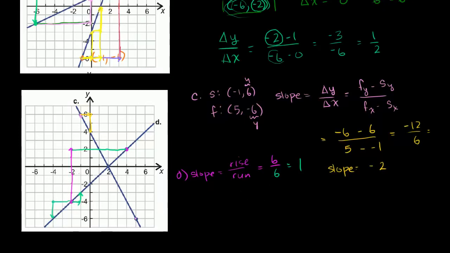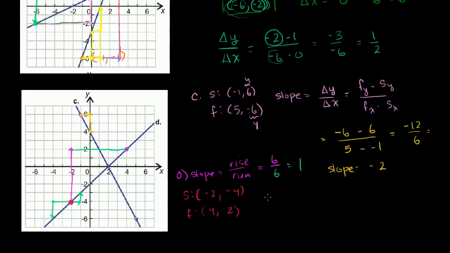If we wanted to do it mathematically, we could figure out this coordinate right there that we could view as our starting position. Our starting position is -2, -4. And our finishing position is 4, 2.